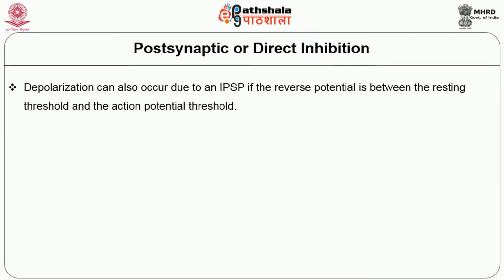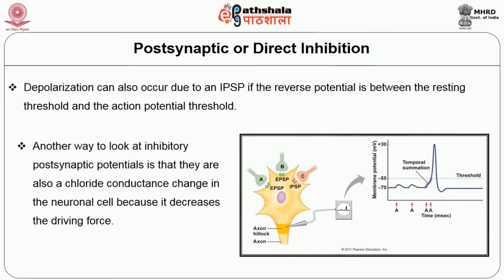action potential threshold. Another way to look at inhibitory postsynaptic potential is that they are also a chloride conductance change in the neuronal cell because it decreases the driving force.